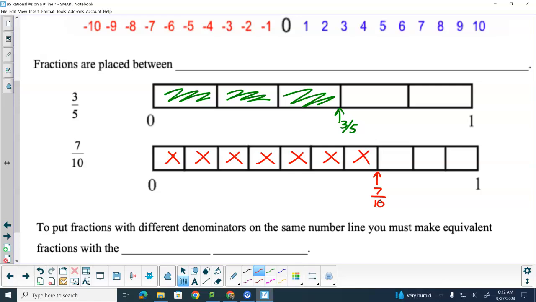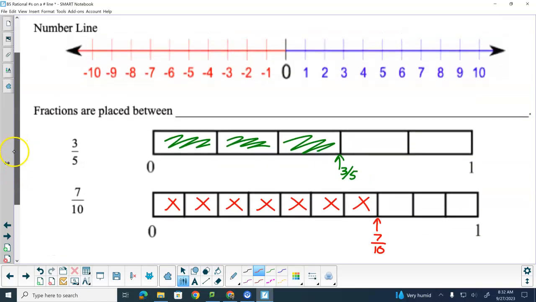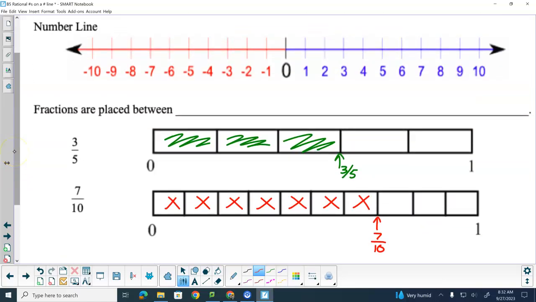If I was going on a number line, like up here, like right above that, 3/5 would be like right there. 7/10 would be a little bit more past that. Okay? We're not just throwing a number randomly in between two integers. We're placing it where it should go.